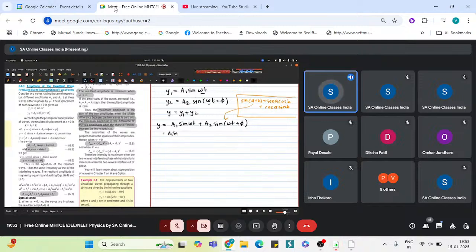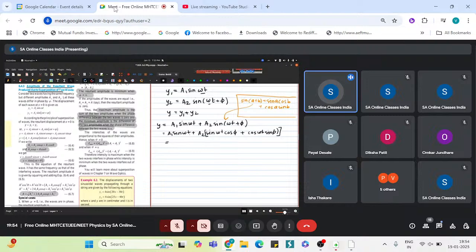So this will be A1 sin omega t plus A2 (sin omega t cos phi plus cos omega t sin phi).